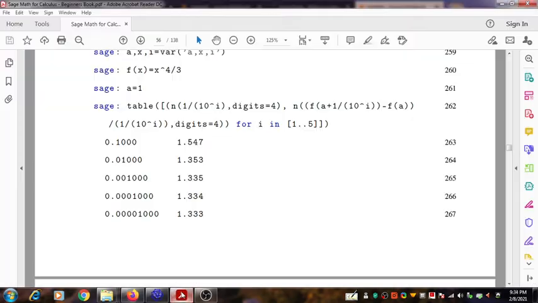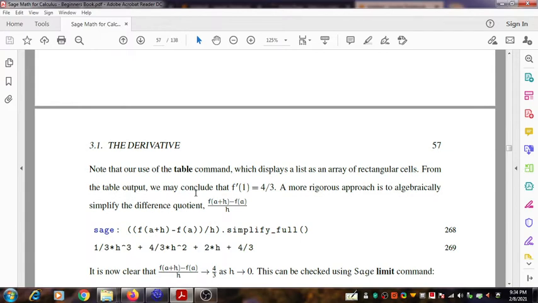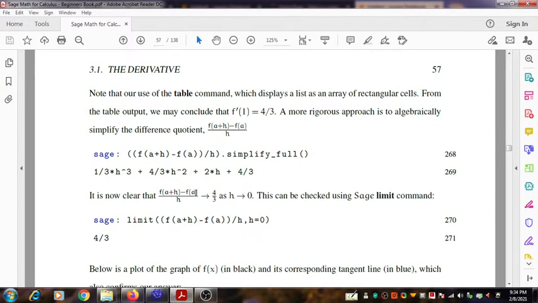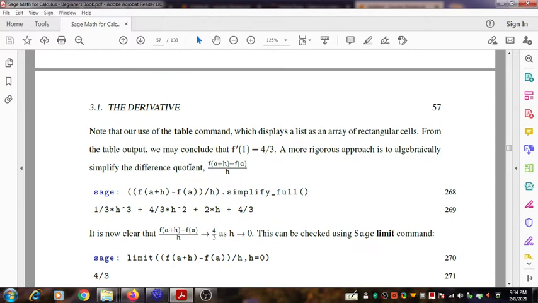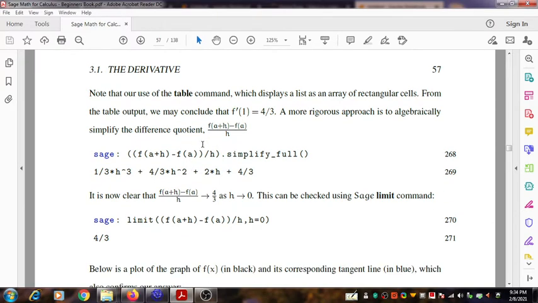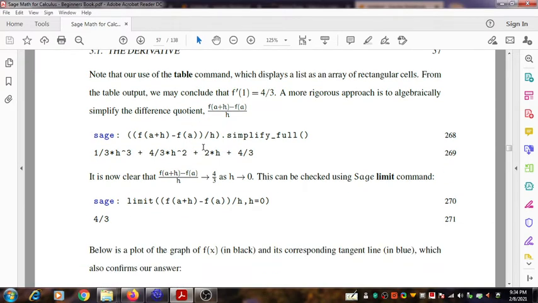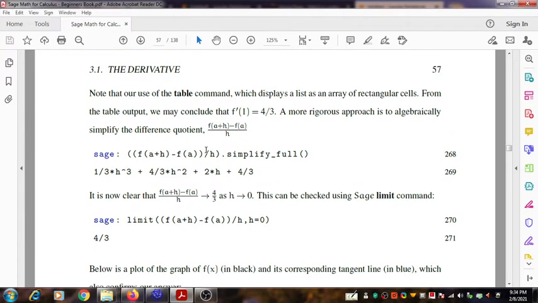Okay, now we are going to see another method that can be used too. We can say that it's also a direct method.